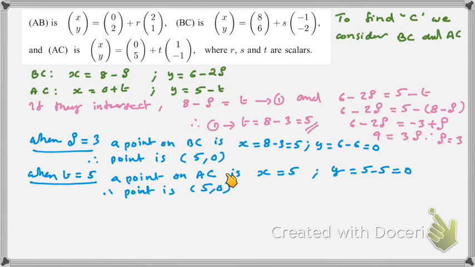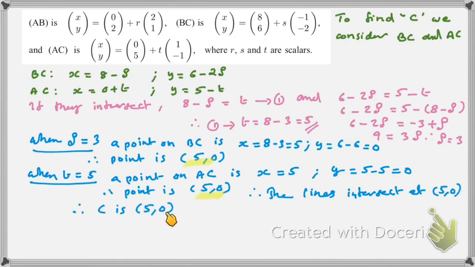So I can see that there is a common point between AC and BC, so they intersect and the point of intersection has to be C. So the two lines intersect at 5, 0 and C is 5, 0.